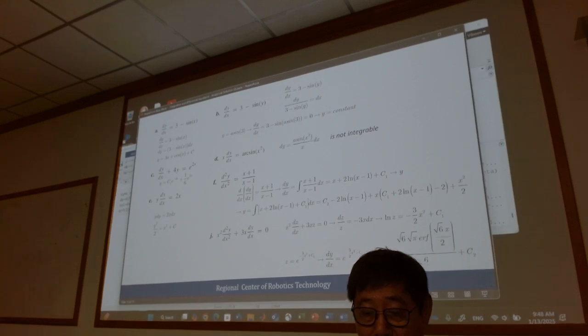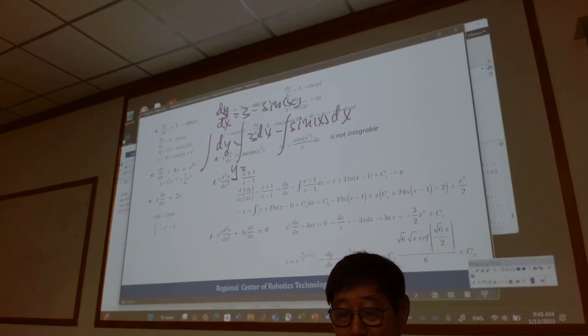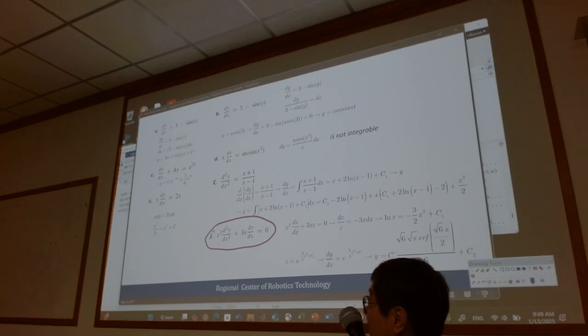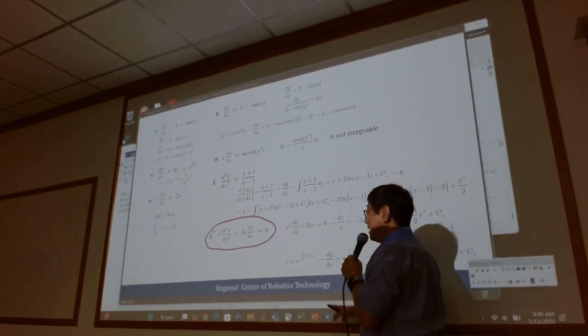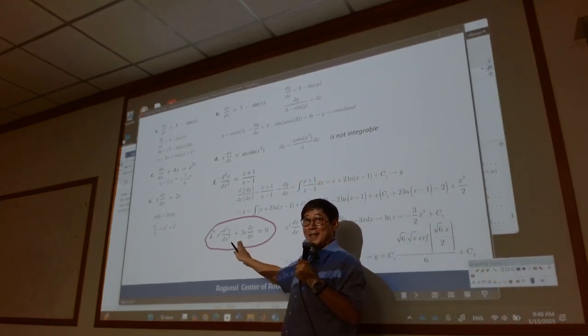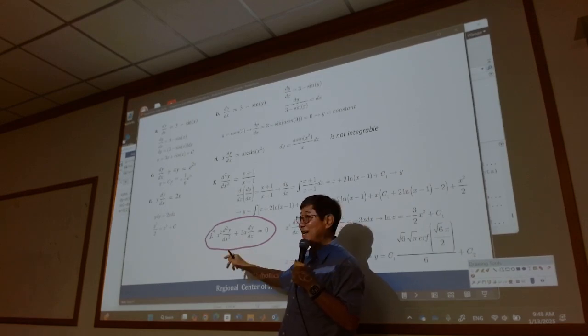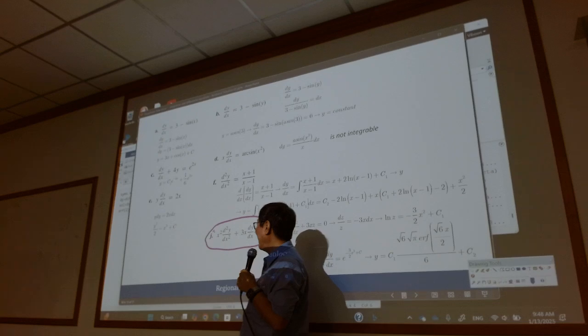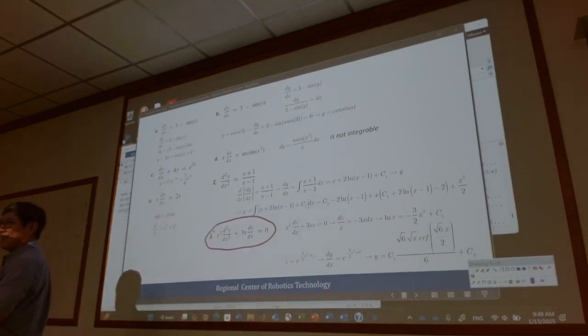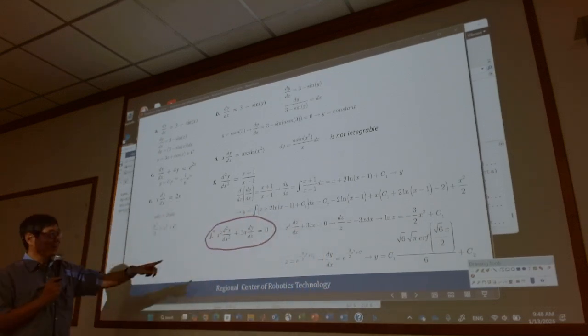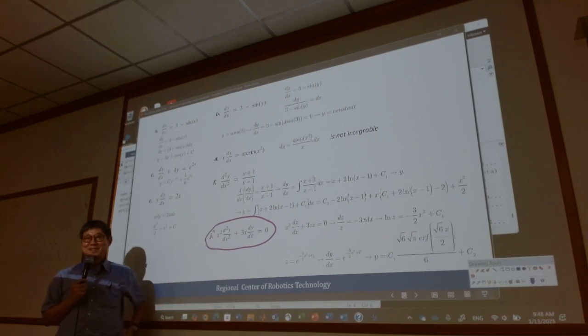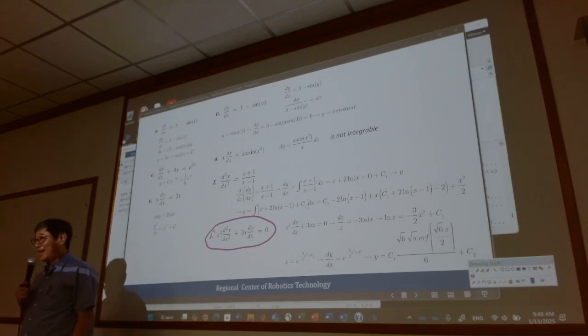Look at this one. Is this linear or non-linear? Linear.